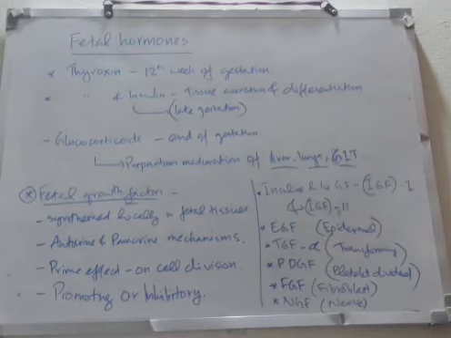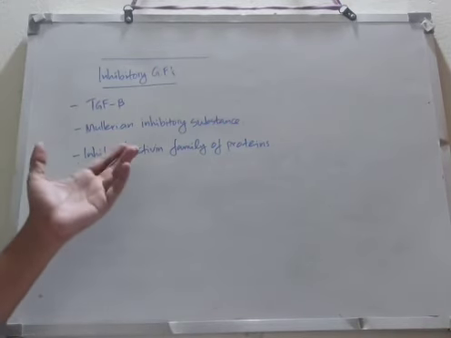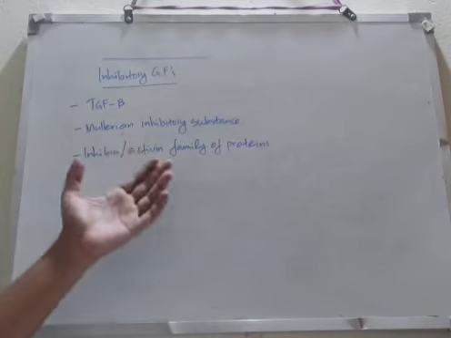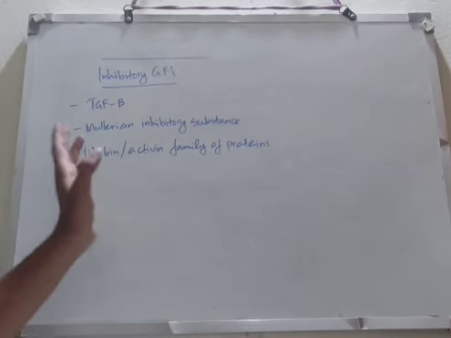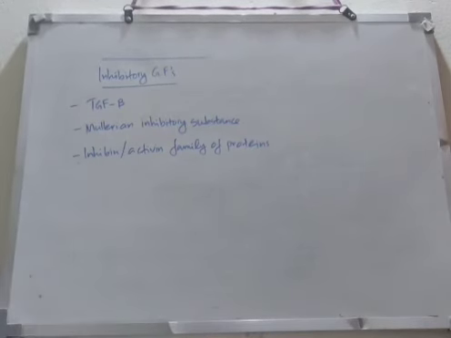Other inhibitory factors like Mullerian inhibitory substance and the inhibin or activin family of proteins are inhibiting growth factors in the fetus.